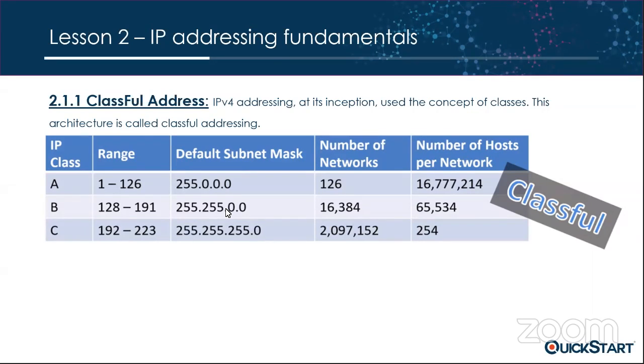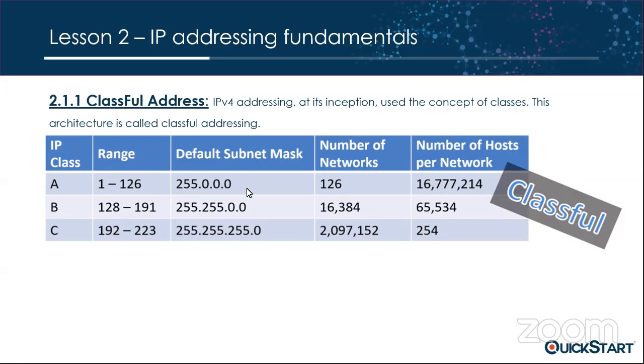If we put an IP between 1 up till 126, it knows the range, it's a class A, so it takes the range as the default one. So we don't need to give the default subnet mask. That is basically the classful address.